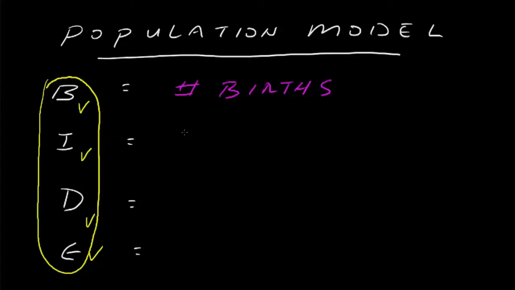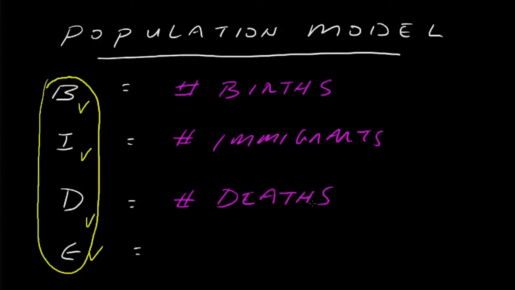What does I stand for? I stands for the number of immigrants. So these are individuals from elsewhere that join the population. They immigrate into it. That, of course, can also have an effect on a population size, as can the number of deaths, as well as the number of emigrants.